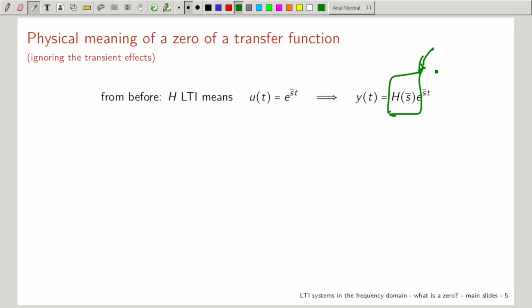Okay? Are we together? This is the eigenfunction property of H whenever we do the convolution. It's slightly wrong because this is the forced response, actually. This is the forced response.